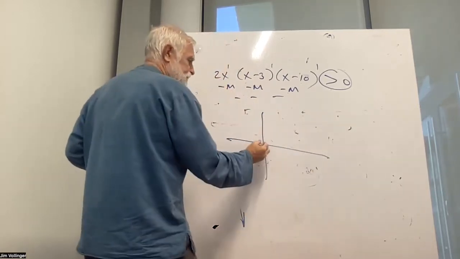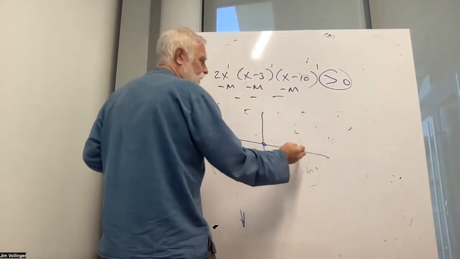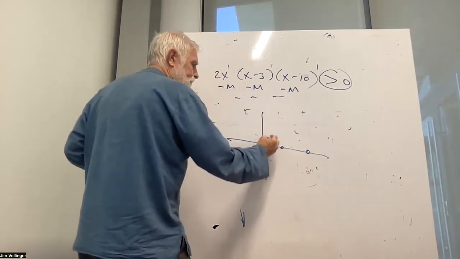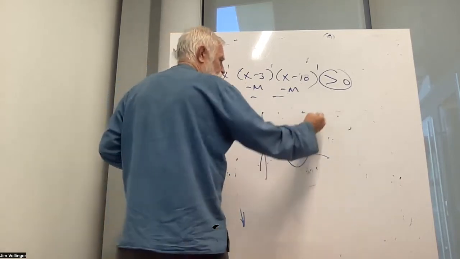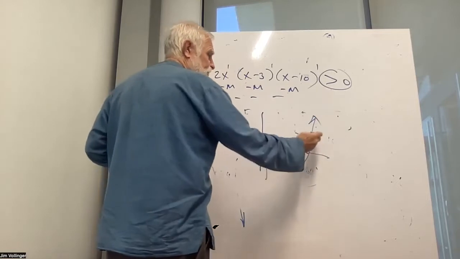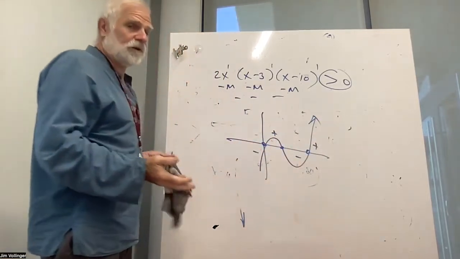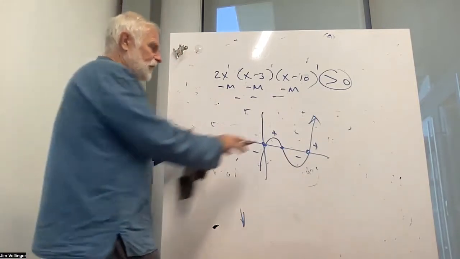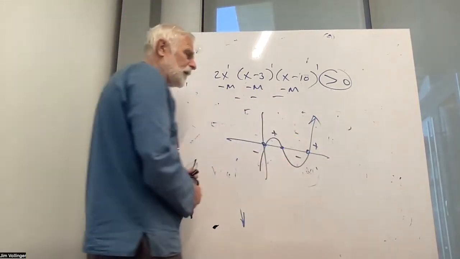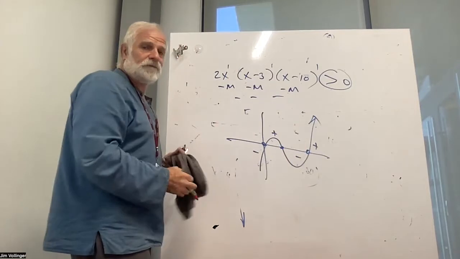I got roots at 0, 3, and 10, and I'm going up, coming down, going up because of the sign changes, positive to negative, positive to negative. I'm looking at the y values. Y values above the x-axis positive, below negative. That would have been a quicker way of doing this problem.